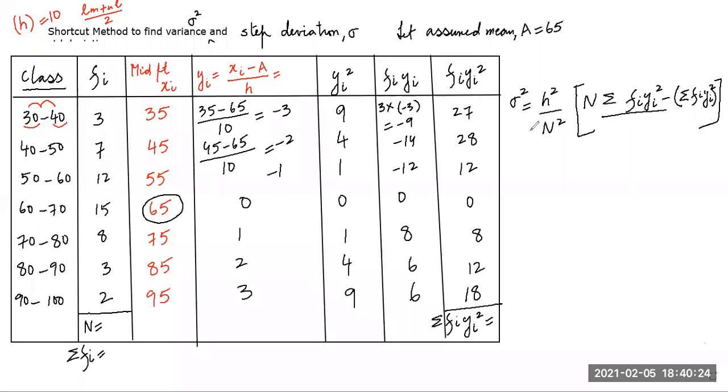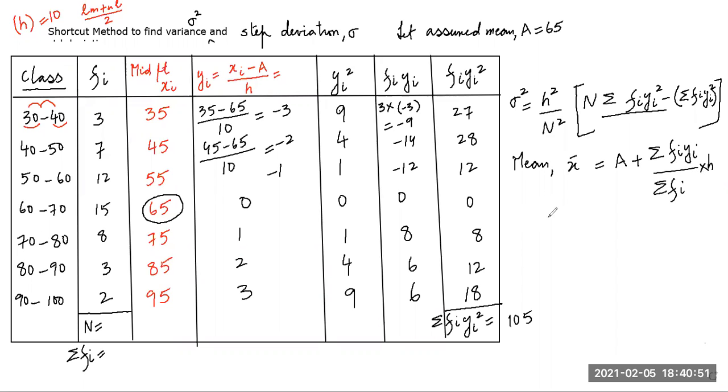If you remember, in the step deviation method, the mean x bar is equal to a plus summation fi yi divided by summation fi, into h.